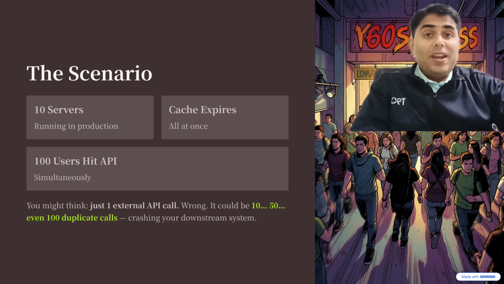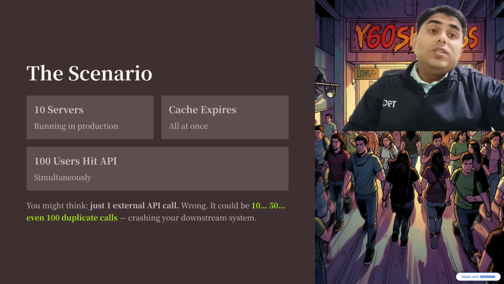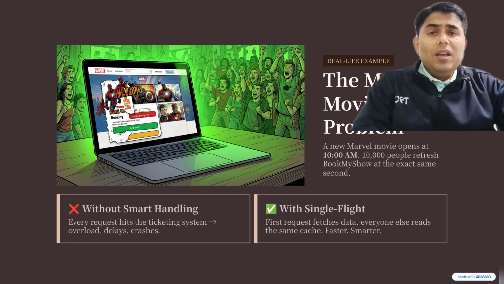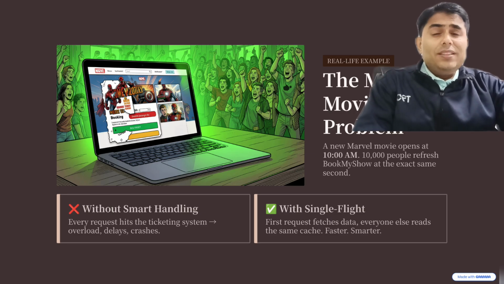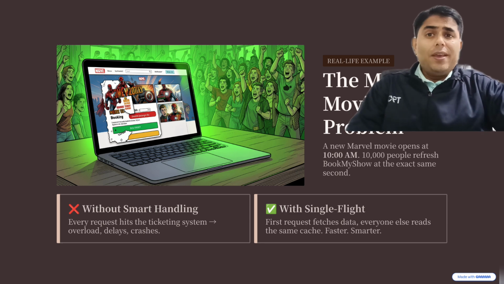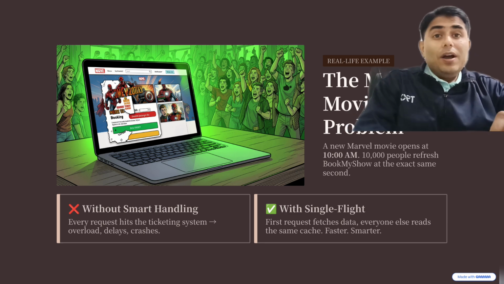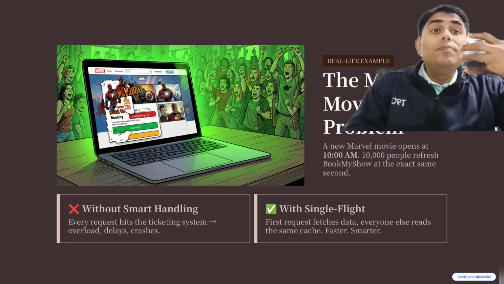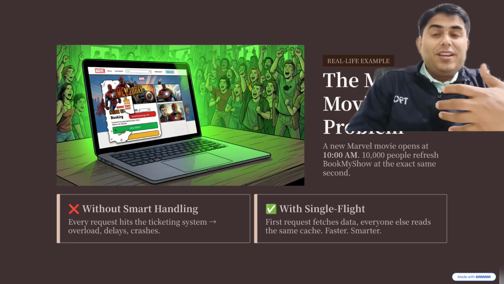Today I will explain how we solve this using something called distributed single flight locking in our production microservice. So imagine this: a new Marvel movie ticket booking opens at exactly 10 a.m. 10,000 people are refreshing BookMyShow, waiting to book tickets.